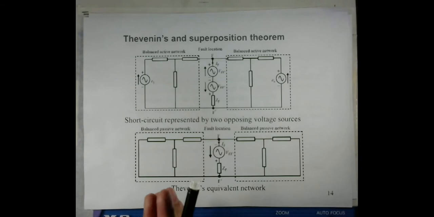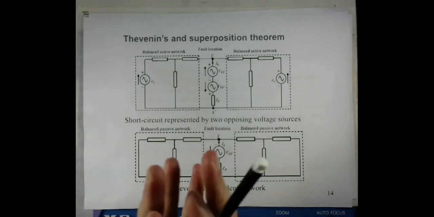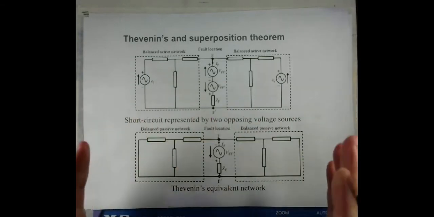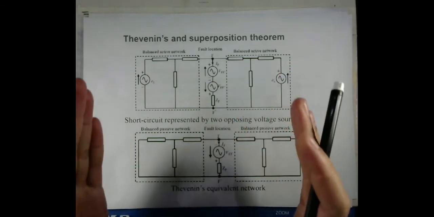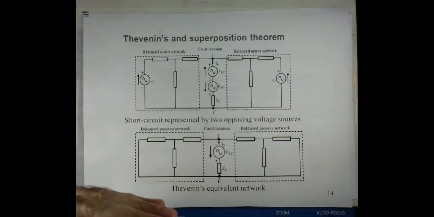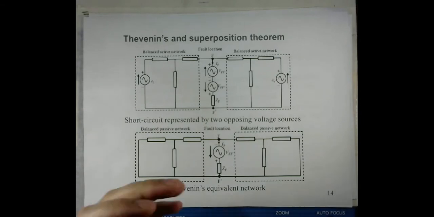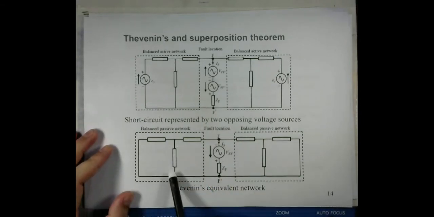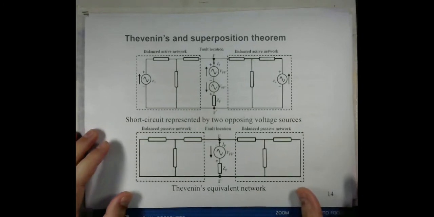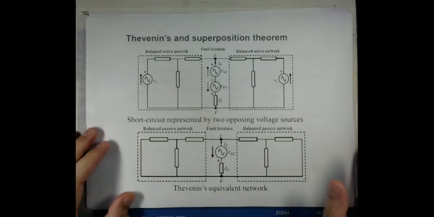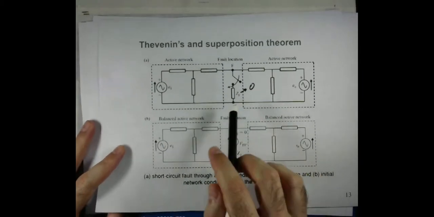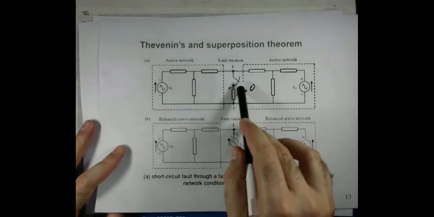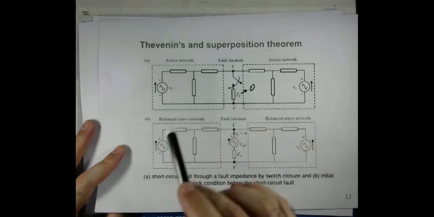Then the bus voltages or the currents when the fault occurs will be calculated by using the principle of superposition, meaning that we will solve this Thevenin equivalent network, and also we will add these results to the circuit before the fault, when obviously this contact will not be closed.